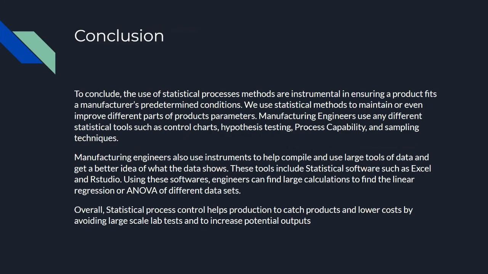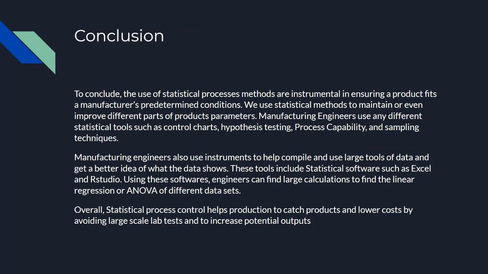Now, to conclude, we use statistical process control, SPC, in many ways in manufacturing, because it is an important tool to a manufacturing engineer's career. We use these instruments to pull large pools of data and to test different variations in a product.